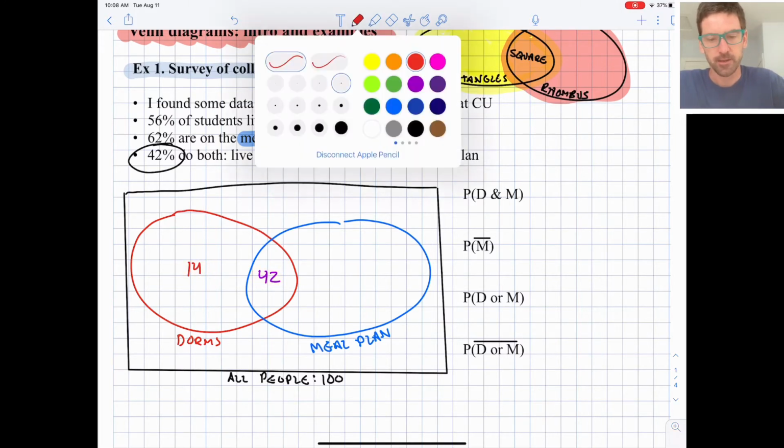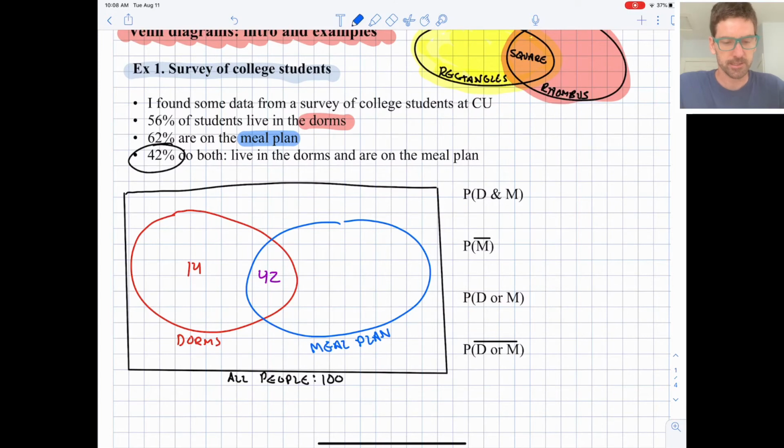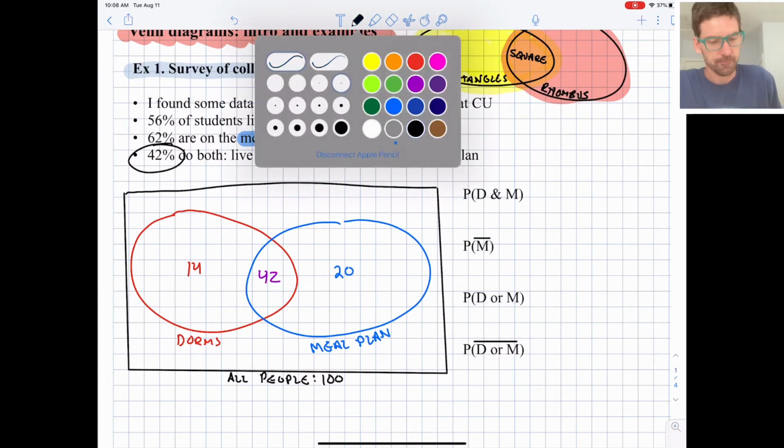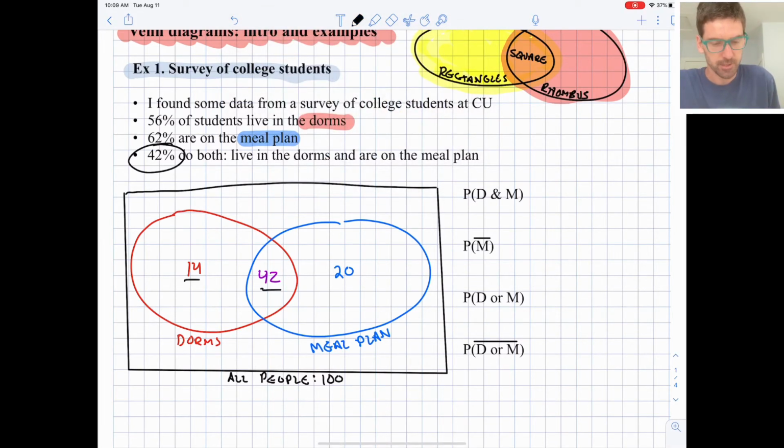And then lastly, it says 62% are on the meal plan. That means 20 are only on the meal plan without living in a dorm. Okay, so we can add up now these three numbers, and we need to figure out the people who are in neither category. Okay, and we're going to do that by adding up the three numbers and subtracting from 100.